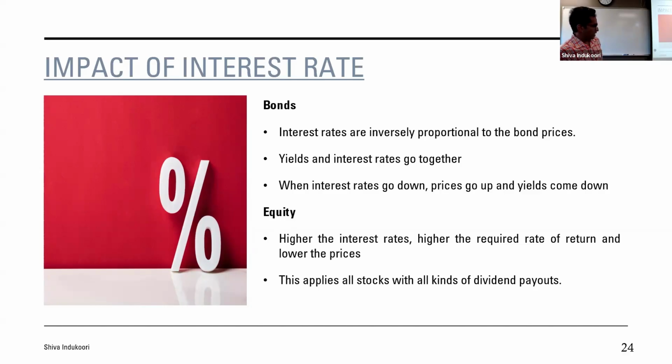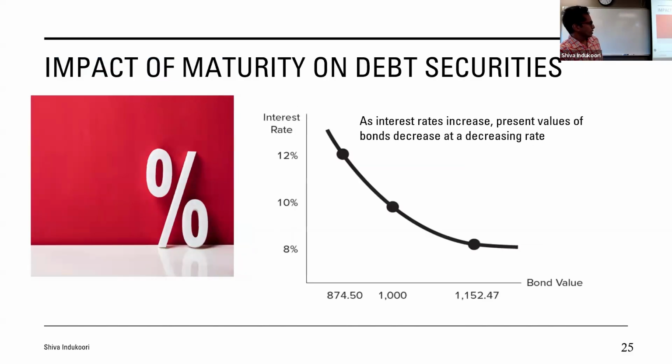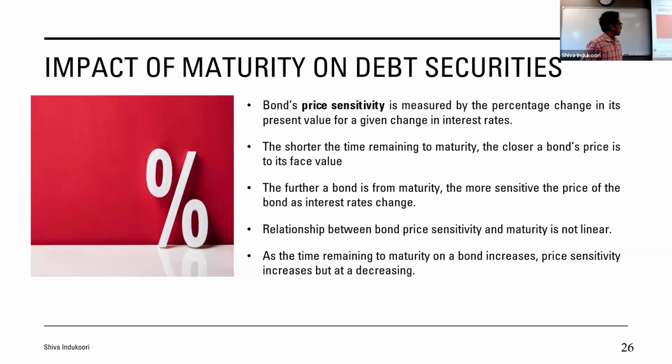Same is the case with equity also. I think that is shown on the graph here. They are negatively related. This is what you call convexity. I think some explanation of this.